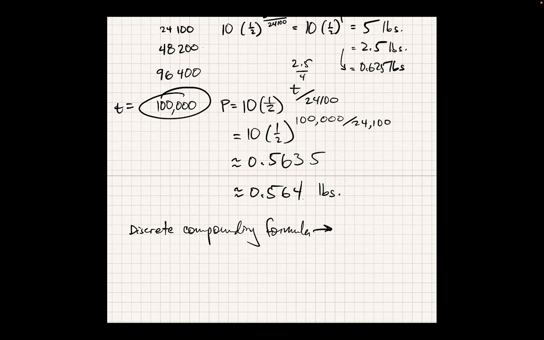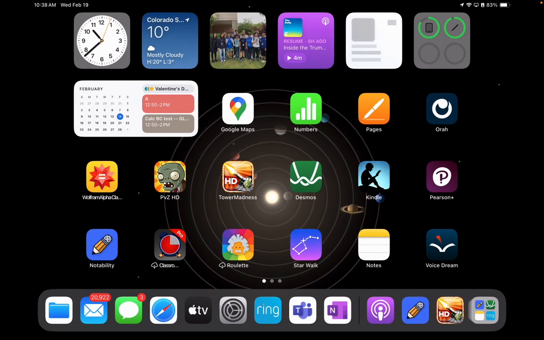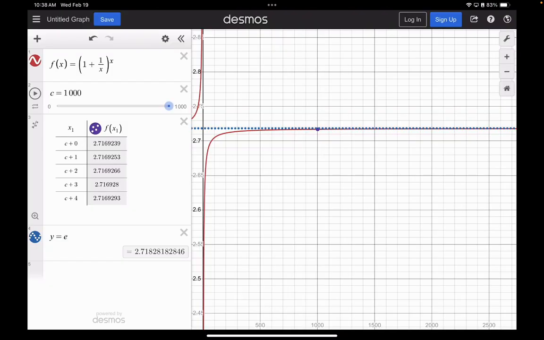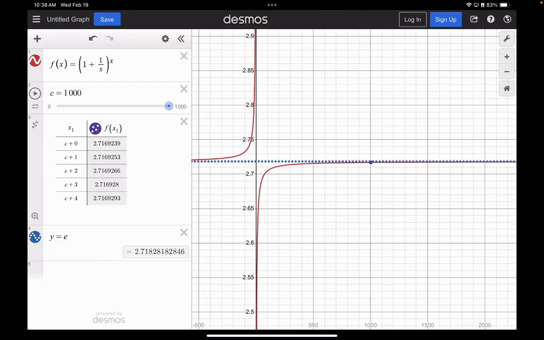Continuous compounding. Did we do the limit choo-choo train? No. Oh, yes, we did. Did we do this? Yes, we did.